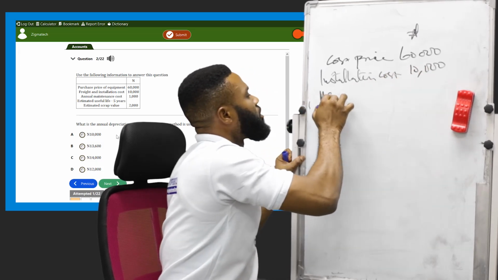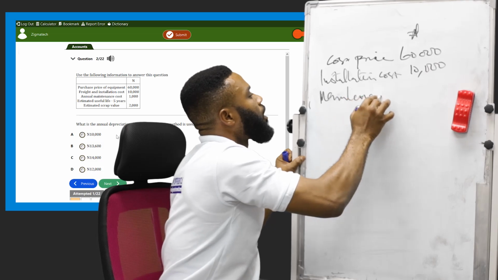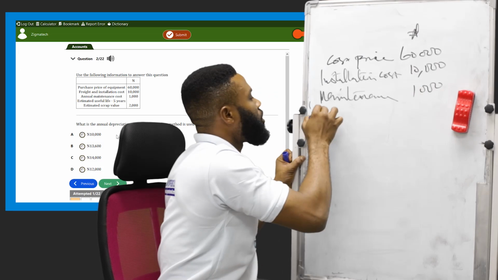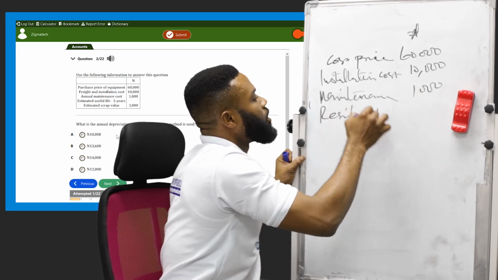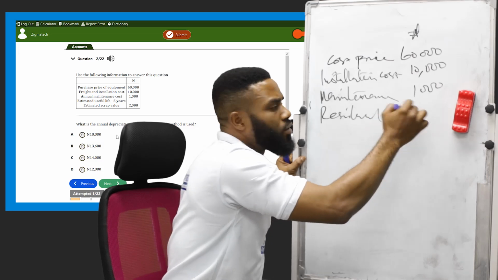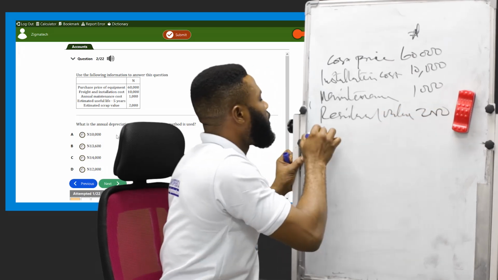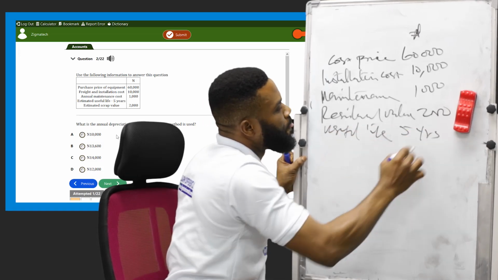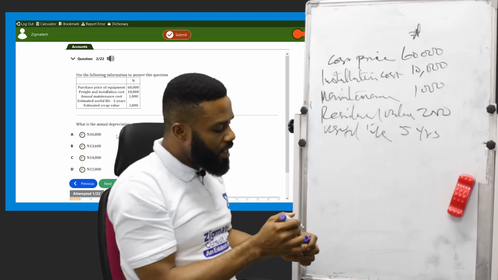And then maintenance is 1,000. And then residual value is 2,000. And then useful life is 5 years. Now what you are going to do is this.